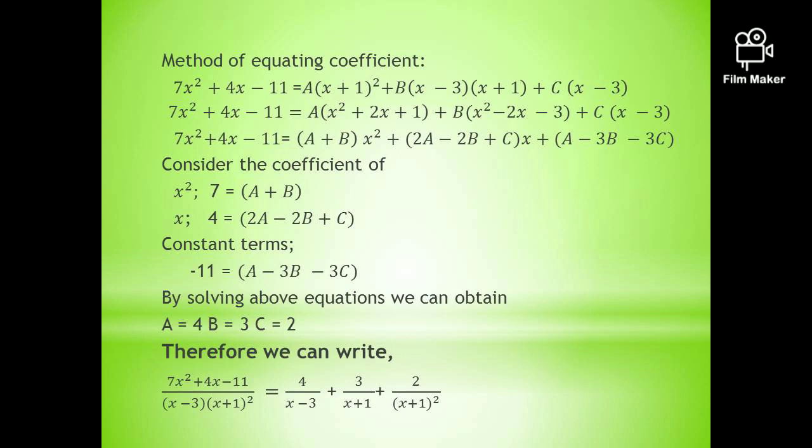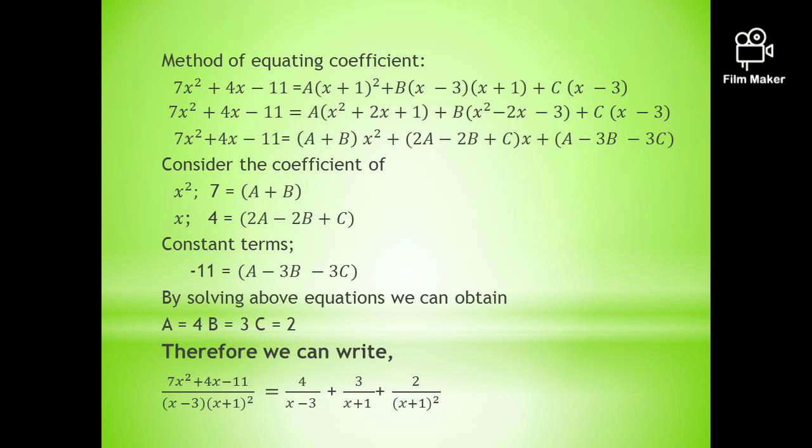Then if you simplify the right hand side, you will obtain 7x squared plus 4x minus 11 equals a times, if you expand the bracket, x plus 1 squared, x squared plus 2x plus 1, plus b times, if you expand x minus 3 into x plus 1, x squared minus 2x minus 3, and c times x minus 3.